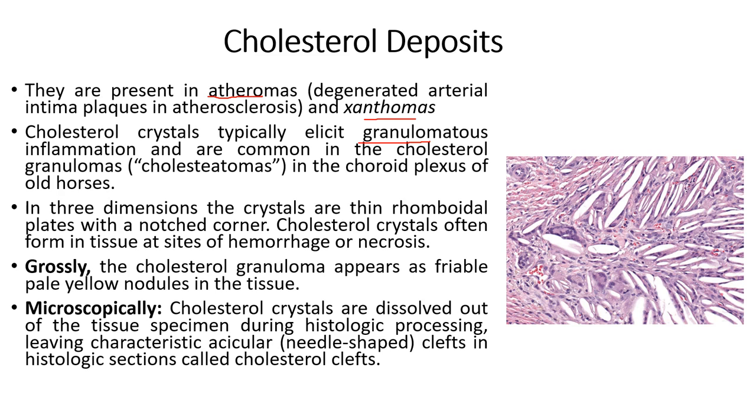If you look at it in three dimensions, the crystals are thin, rhomboidal plates with notched corners, and mostly seen in an area of hemorrhage or necrosis. Grossly, it is usually seen as friable pale yellow nodules in the tissue.